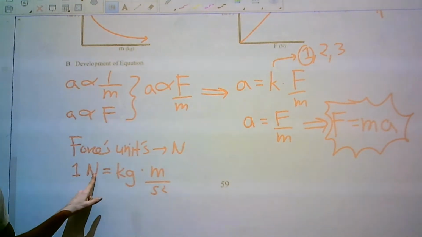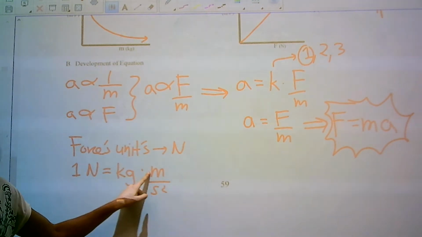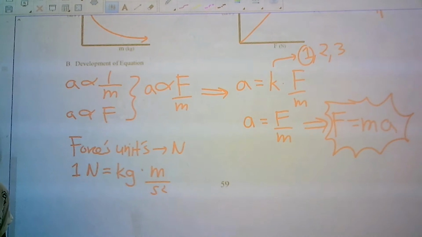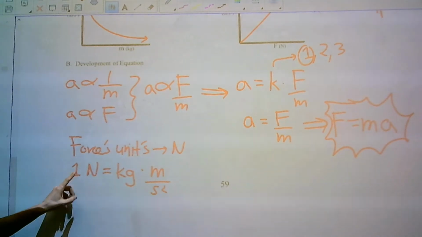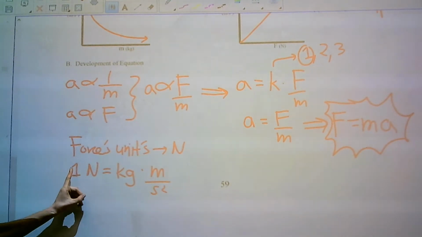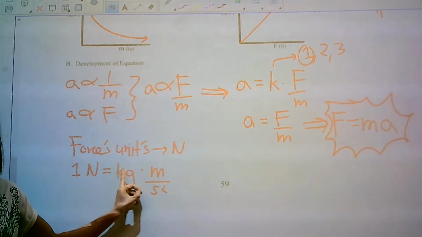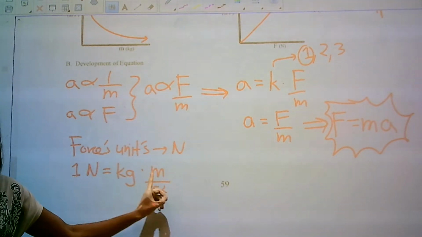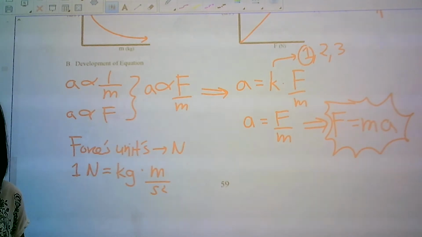And a Newton is just a simpler way of saying a kilogram times a meter over a second squared. That means that 1 Newton of force is the force needed to move 1 kilogram of mass with an acceleration of 1 meter per second squared.